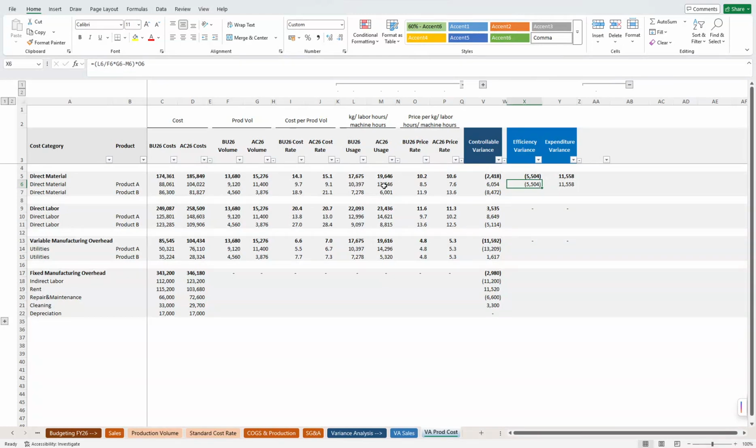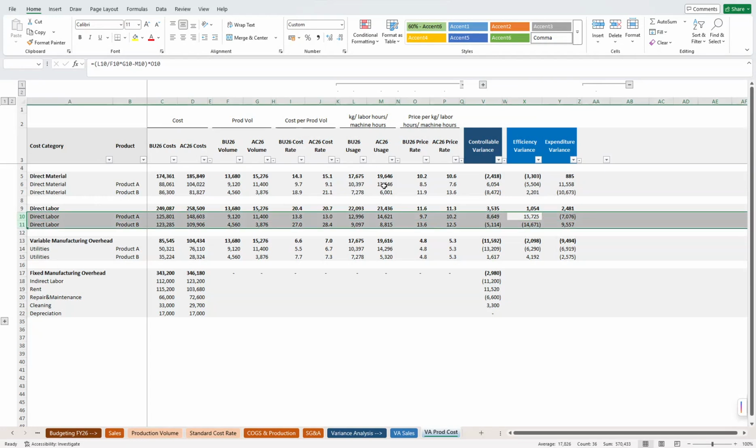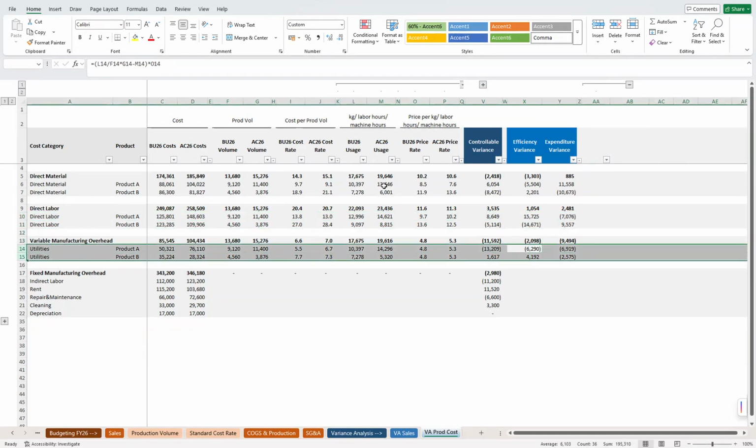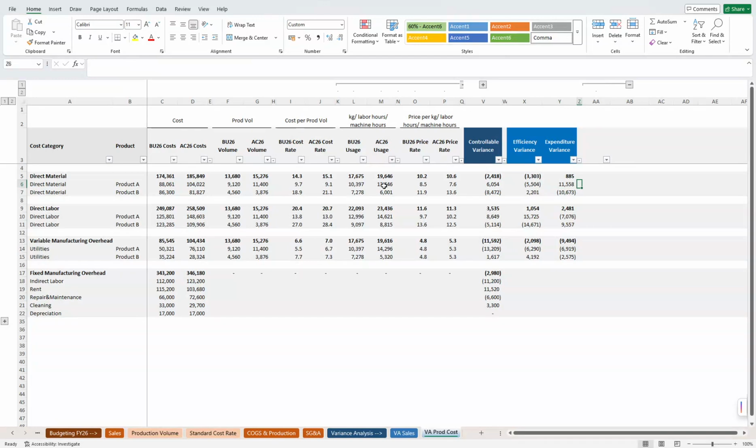And now let's apply this formula to all the cost categories. Once you understand the concept under direct material, it is the same for direct labor and utility expense. So let's also add here a check, because we independently calculated these formulas for efficiency variance and expenditure variance.